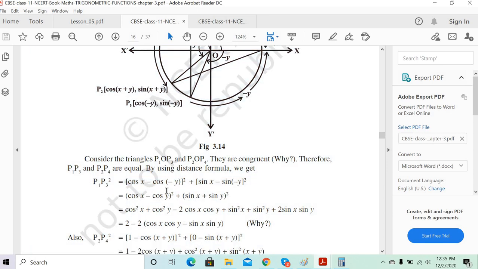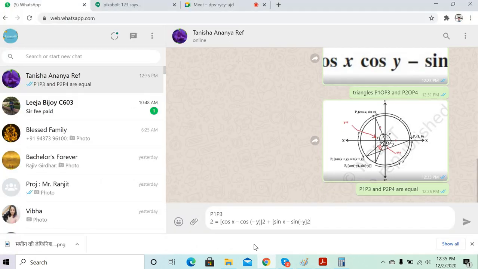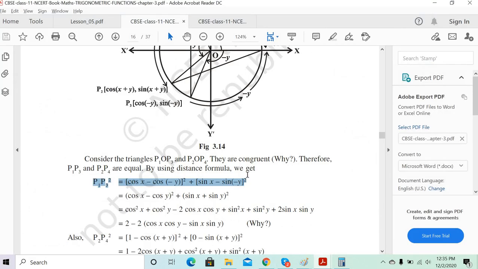You remember the distance formula, root of x1 minus x2 whole square plus y1 minus y2 whole square, the whole under root? Since we are taking the square, the root will go off. Got it, no? Yes, try that.